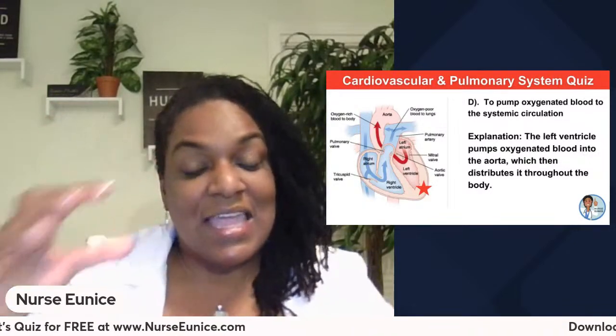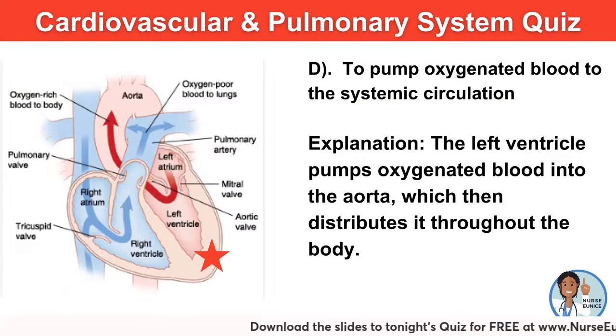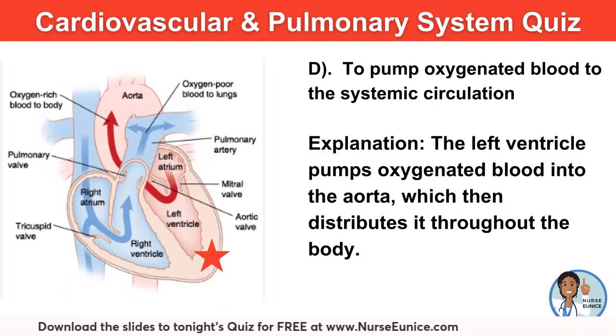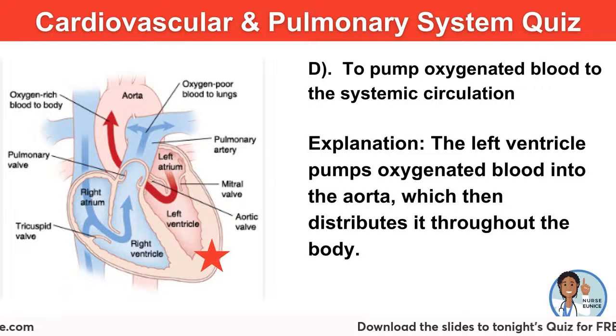So that's the kick. That's what the left ventricle does. So the left ventricle, its job is to pump oxygenated blood into the aorta, which then distributes it throughout the rest of the body. And so the pink side in this image represents the oxygenated blood. The blue side represents the deoxygenated blood. I know, right? Great job.